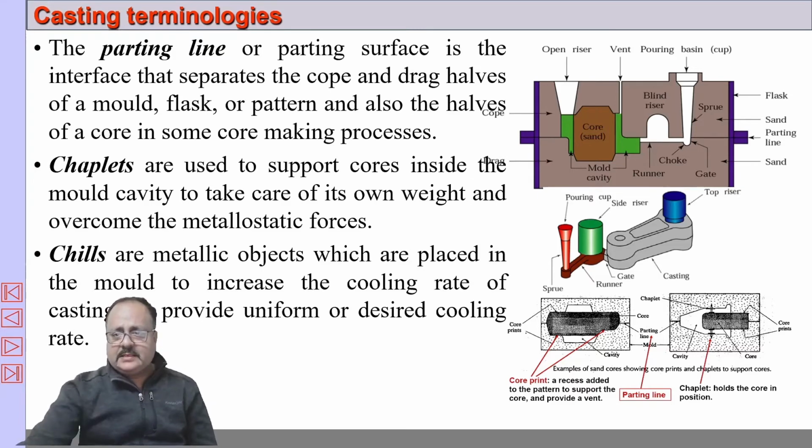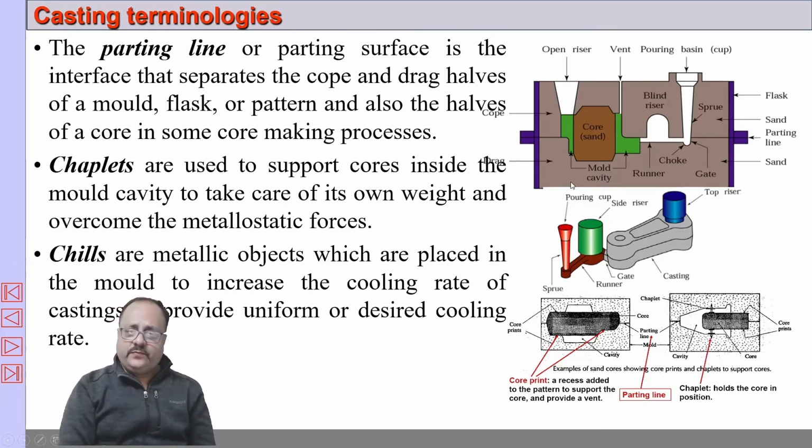Now, if you place certain metallic objects in the mold, let's say if I place a metallic object here, a metallic object we all know has a better thermal conductivity than sand, then the heat transfer rate will increase in this area, and probably this portion will cool faster. So certain areas which require faster cooling, particularly thick sections or corners, such regions can be controlled.